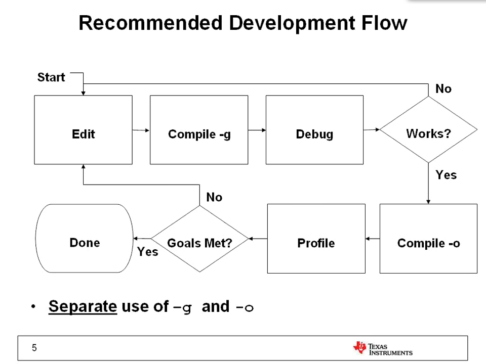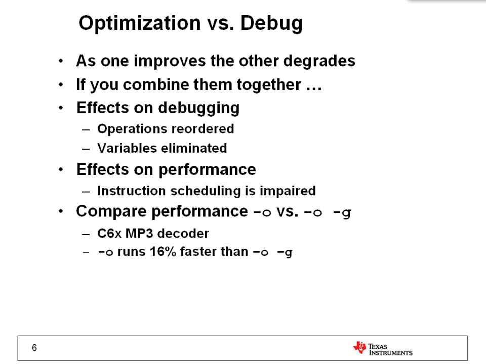And -O says enable a large class of optimizations that I'll talk about in a second. So what's important is to see that those things are separate. Why are those things separated? That's what this slide is about.